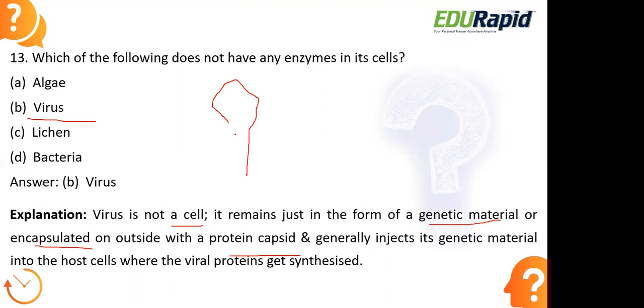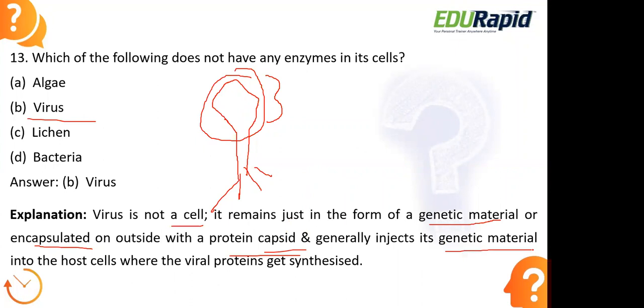If you consider a bacteriophage, the outer protein covering, this part, we call it the head of the virus. The outer covering of this head is made of proteins. That part we call the capsid, which is proteinaceous in nature. Inside this part there is the genetic material.